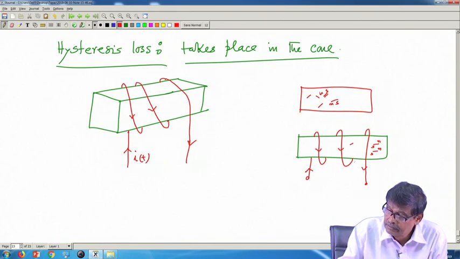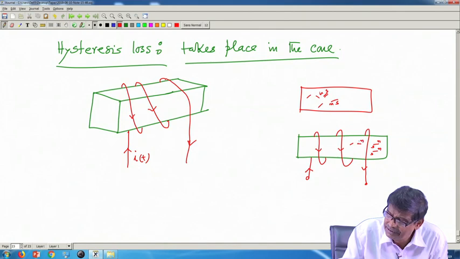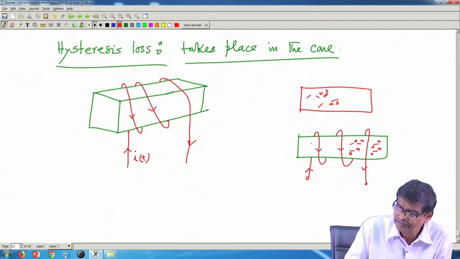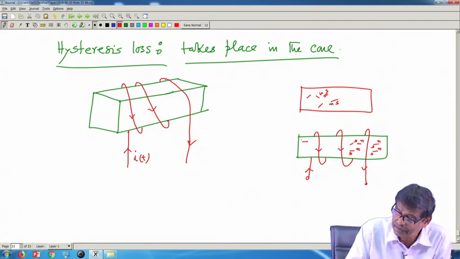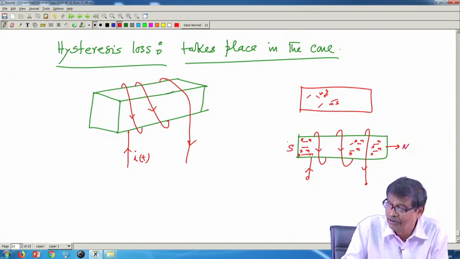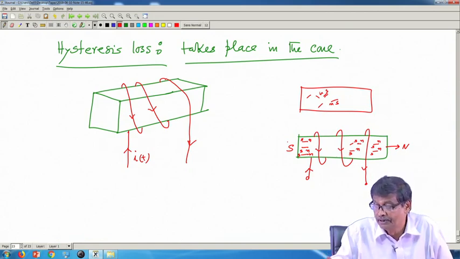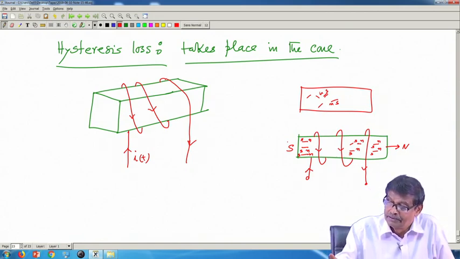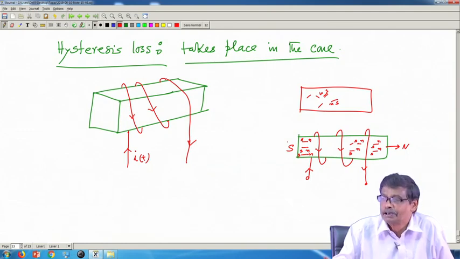If you pass sufficiently large current, at the end all tiny magnets will be moved like this, such that this will become a north pole and this will become a south pole. That is how we are taught at school level how to make a soft iron piece a permanent magnet, an electromagnet.